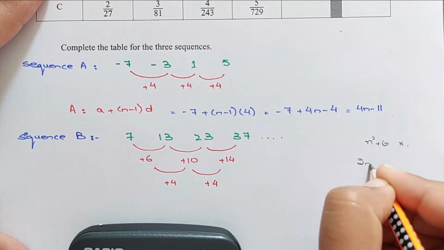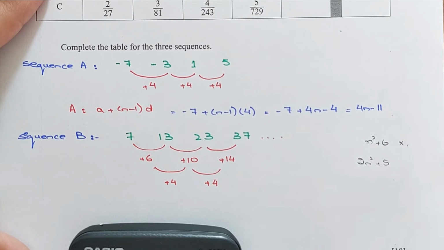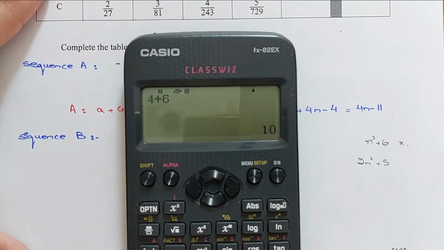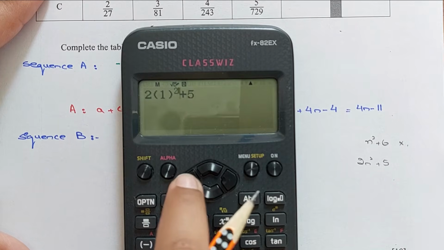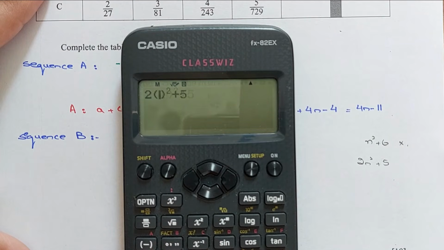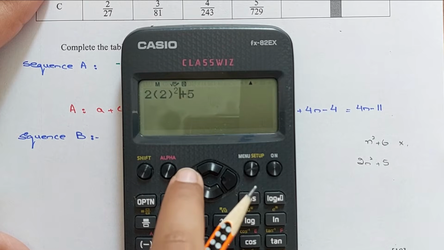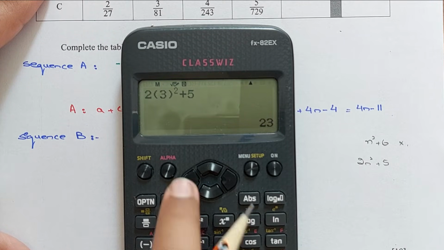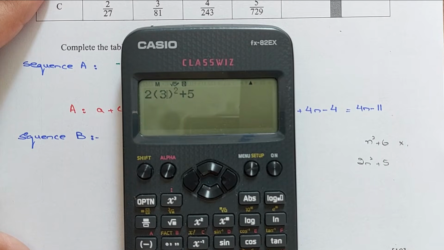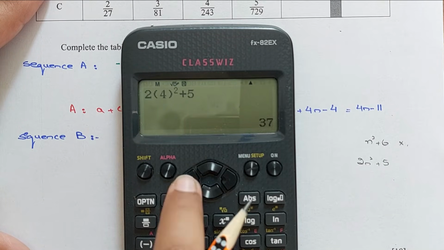So let's try 2n square plus 5. 2 into 1 square plus 5 is 7. For the second term, 2 into 2 square plus 5 is 13, yes. The third term is 23, good, and the fourth term is 37.